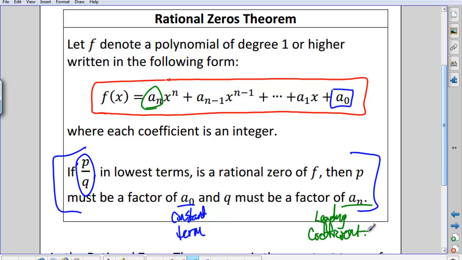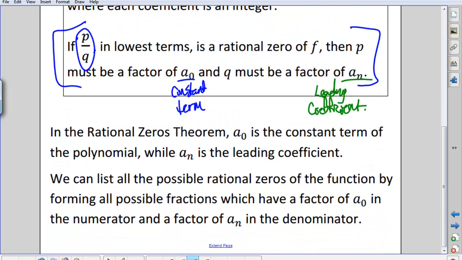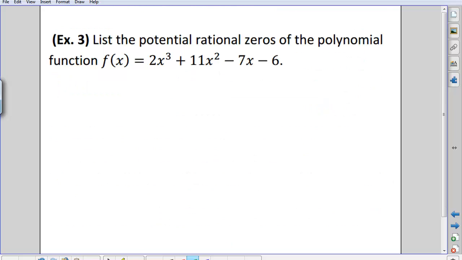Okay, and so how is this helpful? Well, let's look at an example. Let me just jump right into example 3 here. List the potential rational zeros of this function. Now, when we're listing potential zeros, the two numbers we are interested in are the leading coefficient and the constant term.